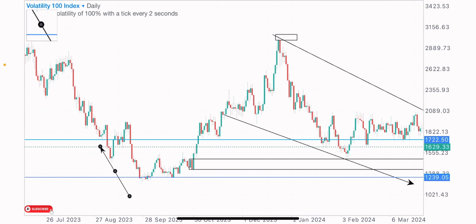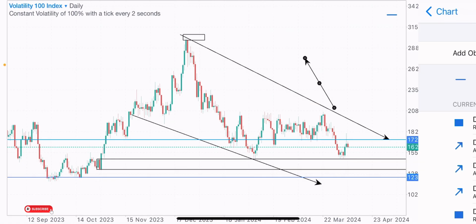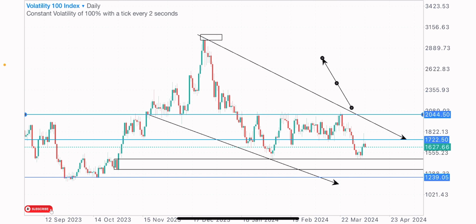We got price react on this level as a support, here and here. This level of support got broken and the market was consolidating here, creating equal highs and equal lows. You can see that whenever price gets to this level, it buys from it, it sells from here, it buys from this level of support, it buys from here.